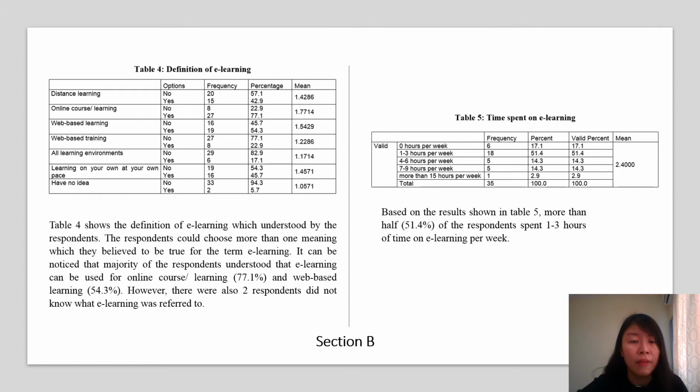However, two respondents did not know what e-learning referred to. And for table 5, more than half, 51.4% of the respondents, spend 1 to 3 hours on e-learning per week.